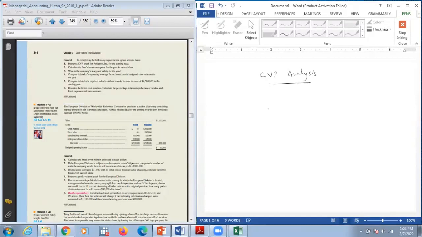Cost volume profit analysis can be extended to cover the effects of profit on changes in selling prices, service fees, core services.